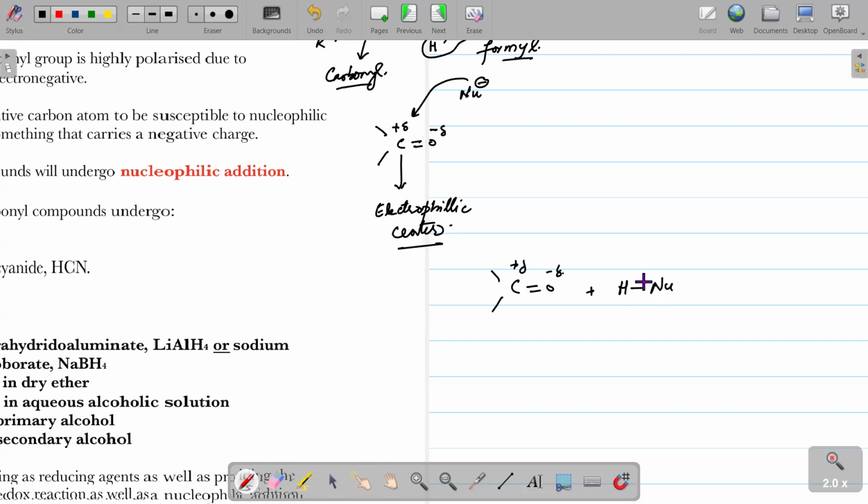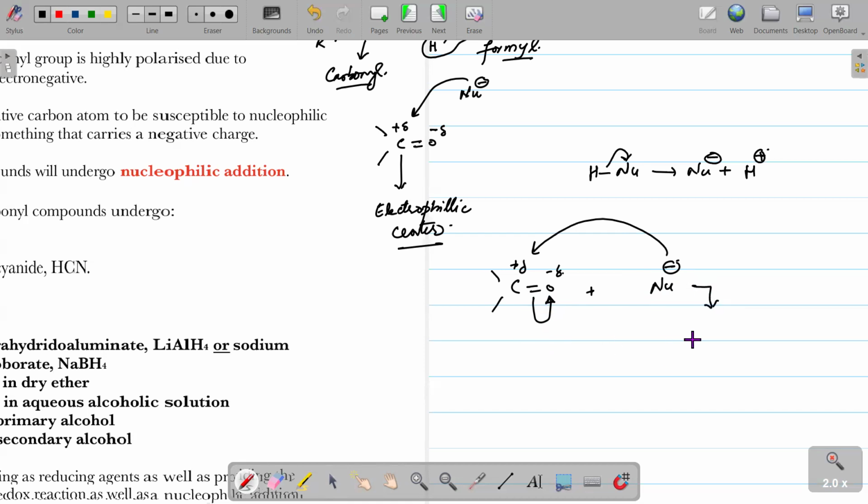So on ionization, let's say this reagent produces a nucleophile along with a positively charged hydrogen ion. So this nucleophile will attack on this partial positive carbon atom. And to accommodate this new dative bond, which is formed by the nucleophile by giving a pair of electrons, this pi electron pair goes to the oxygen atom, which, being more electronegative, takes this pair of electrons.